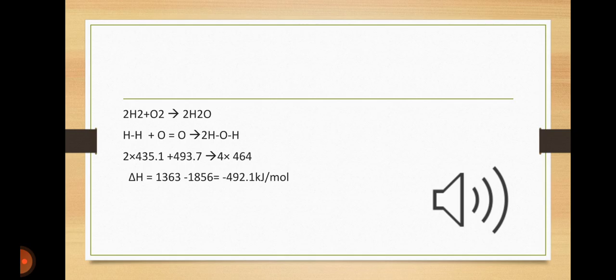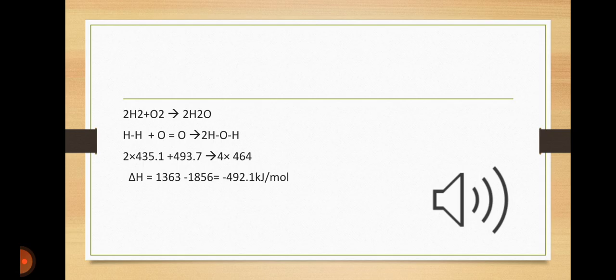So 4 into 464. The change in enthalpy delta H is equal to 2 into 435.1 plus 493.7, that is 1363, minus 4 into 464, that is 1856, which is equal to minus 492.1 kilojoule per mole.